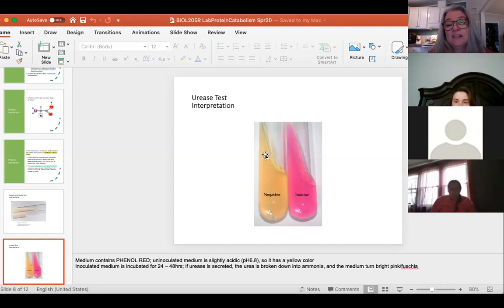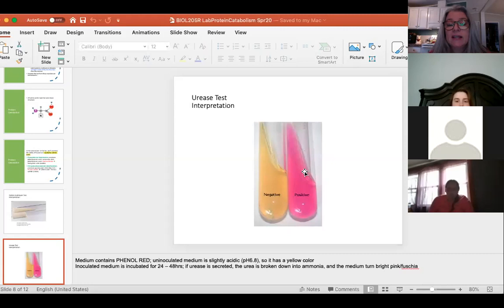Now you put your bacterium on it, you incubate it for 24 to 48 hours, and then you look for this color. This has to be my favorite color of all of the metabolic tests that we do. I love this color. They refer to this as fuchsia. This is called a fuchsia color in the urease test. And remember, what's happened is the urea has been broken down and it has produced ammonia.